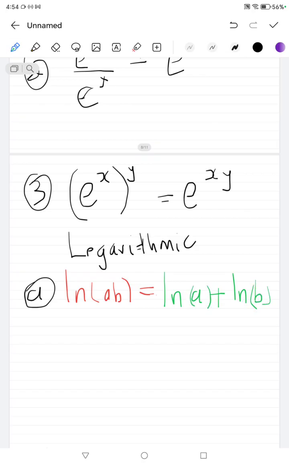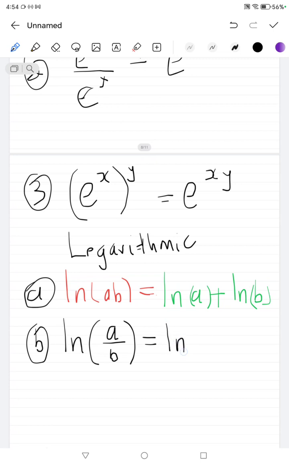You see? Then the second one, I just remember them from the example. You have ln of a over b, so I hope you're also writing them down on your side. Then you can have ln of a minus ln of b.